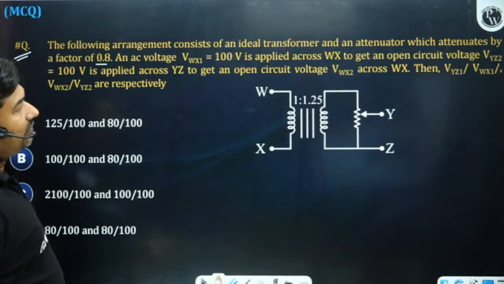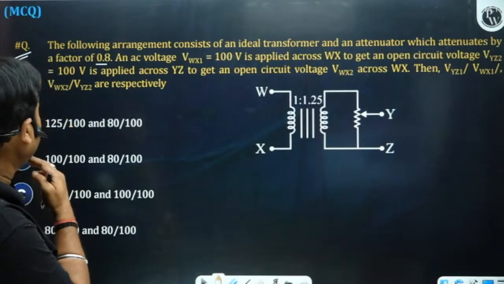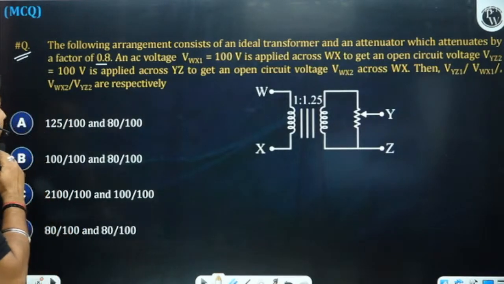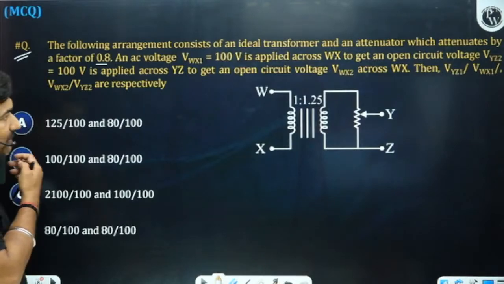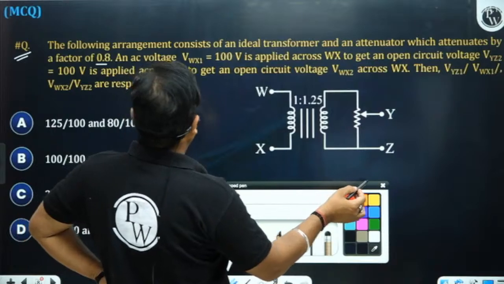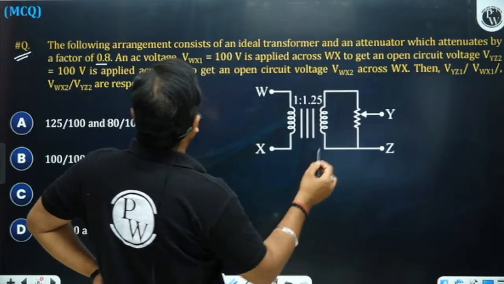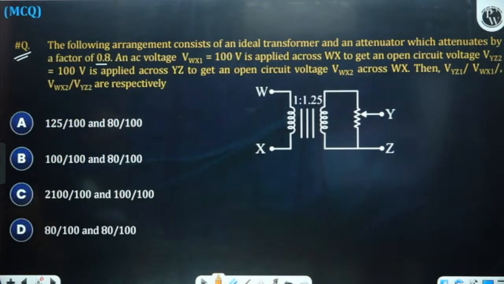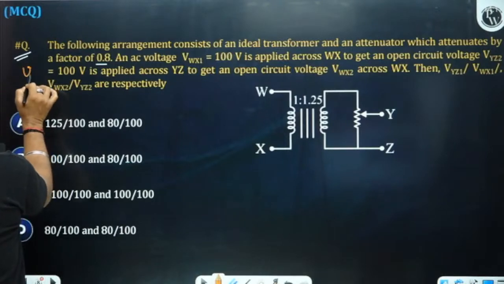Then VYZ1 by VWX1 and VWX2 by VYZ2 are respectively. VYZ1, I think it is missing here.